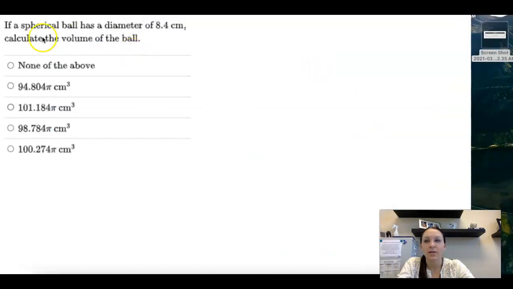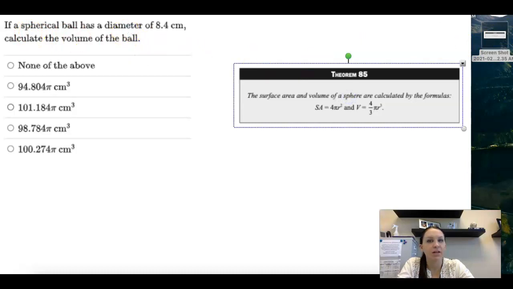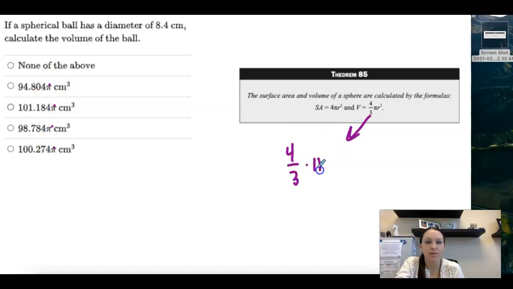So next one is the same. We have a diameter and we want to calculate the volume. So exact same process. I'm going to use this formula, and pi is still in our answer. So 4/3 times pi, which I'm not going to put in the calculator, and then I need the radius.